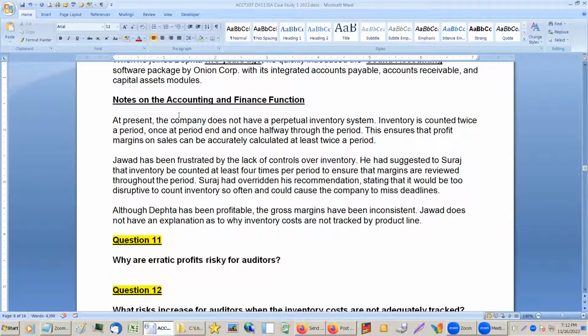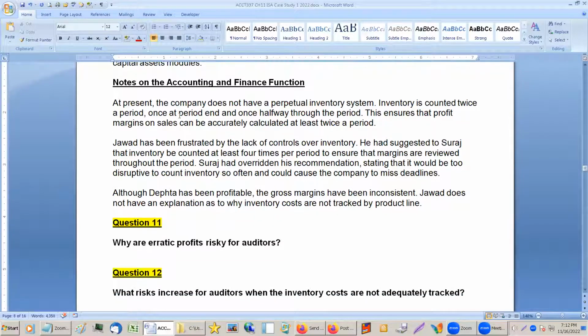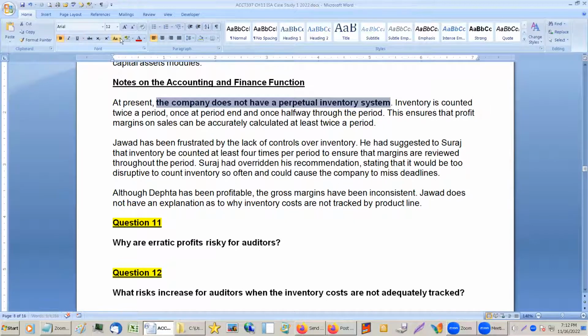Okay, notes on the accounting and finance function. The company does not have a perpetual inventory system. It's counted twice.